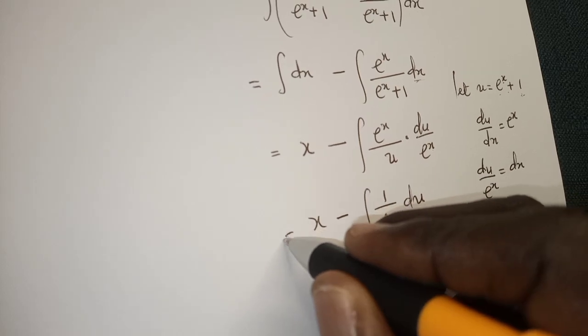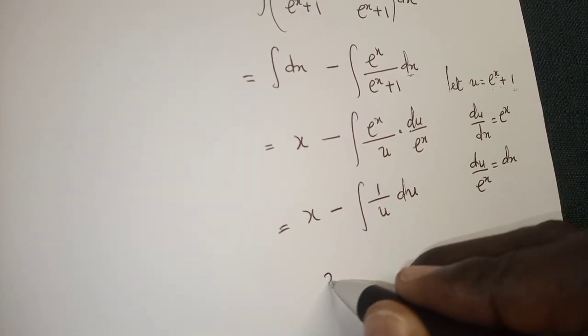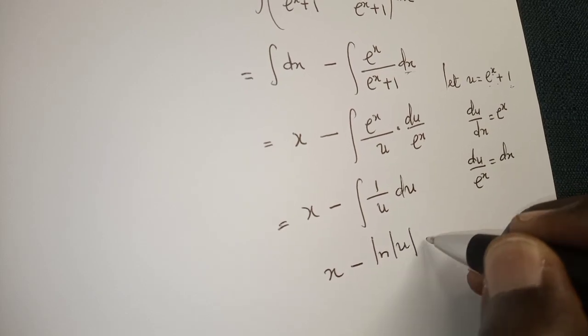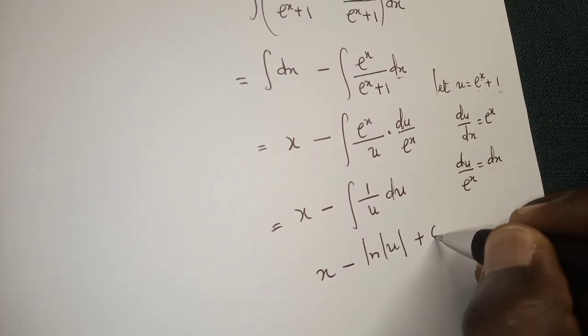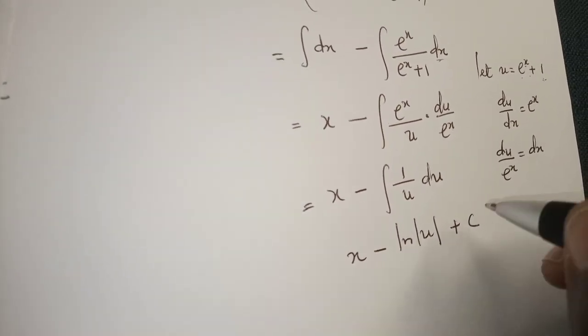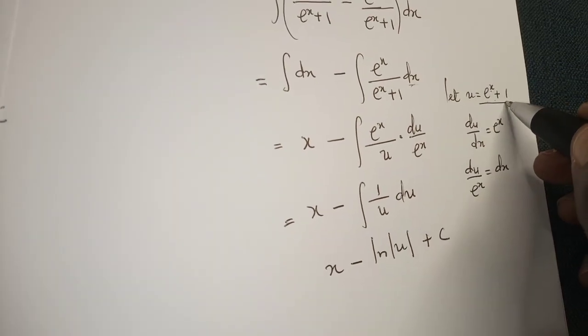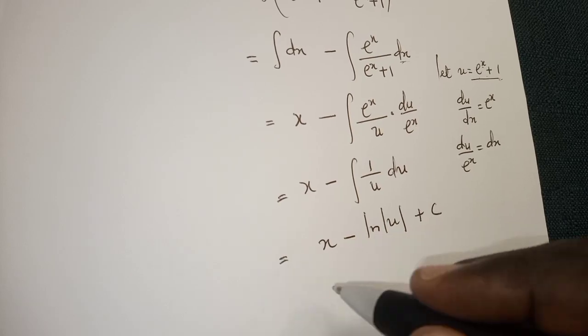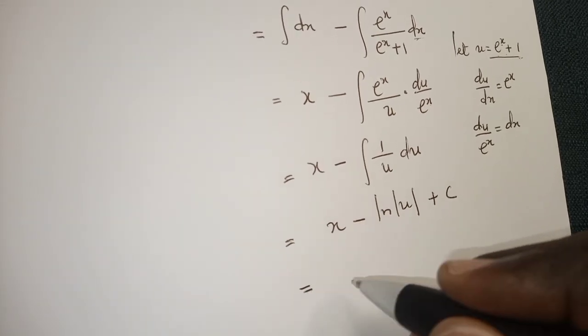So when we simplify this, we should get x minus the ln of u, then plus c. But remember that u is equal to e exponent x plus 1. So we just do the substitution, and that's that.